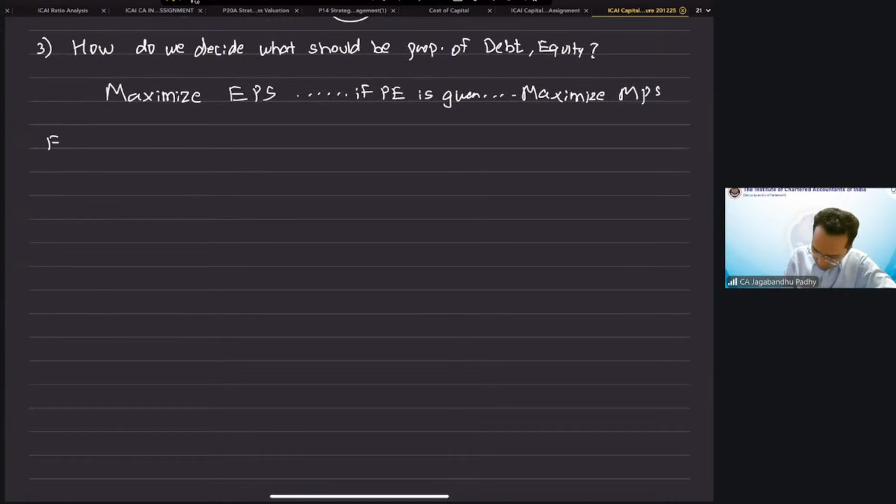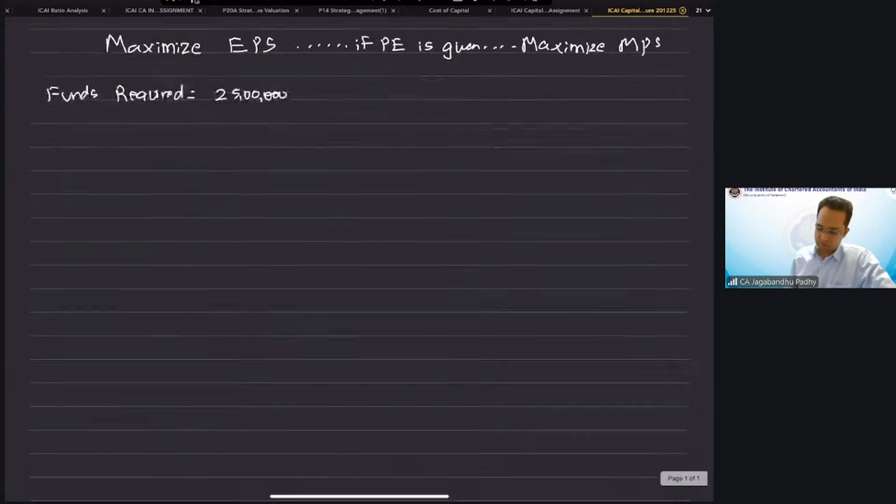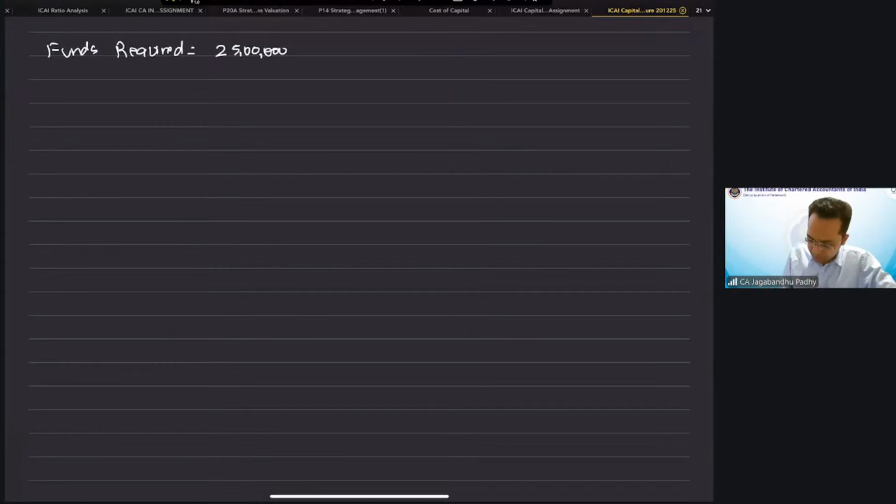Suppose the amount of funds required is, let's say, 25 lakh. Being a company, you can obviously raise funds from multiple sources. Let us say we're looking at three options to raise funds: option 1, option 2, and option 3.